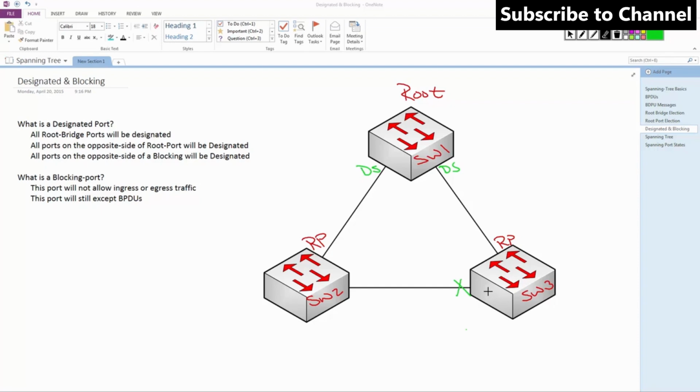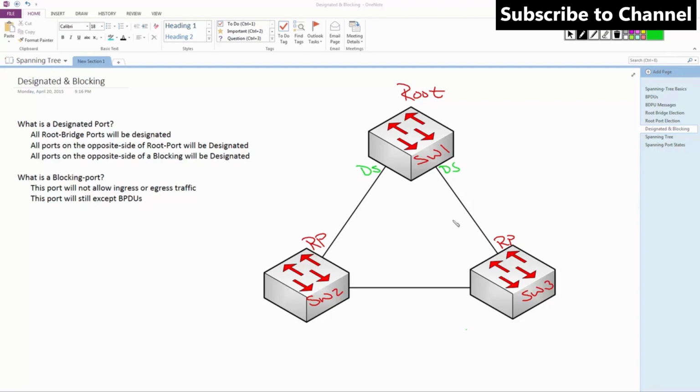Now, the one thing you have to understand, though, is that it might be a blocking port, but it will still accept BPDUs. It has to, because it's very crucial that these messages keep communicating with each other back and forth. So I might be blocking a port, but guess what?